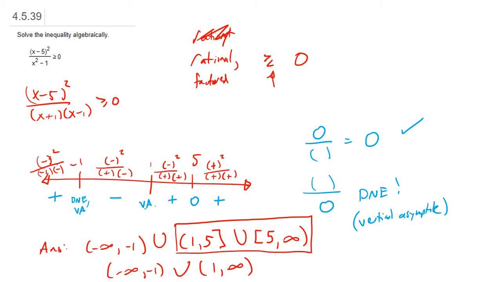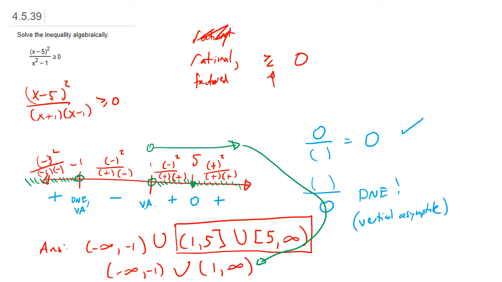Overall, the points that we included were everything to the left of minus 1, but don't include minus 1. Don't include 1, include everything up to 5, and do include 5, and then include everything bigger. So this interval right here, I just wrote as the interval from 1 to infinity.